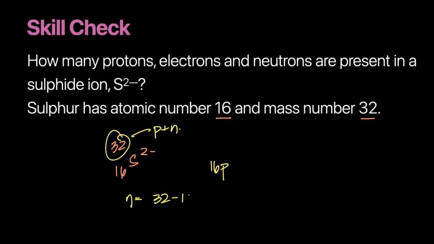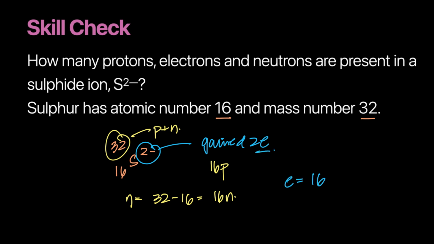In this case 32 minus 16 is 16, so there are 16 neutrons. But a 2 minus charge means it has gained 2 electrons. There were already 16 in the sulfur atom, because that's the number of protons. The electrons and protons are equal in an atom, but because it has gained 2 electrons, its number of electrons is now 18.